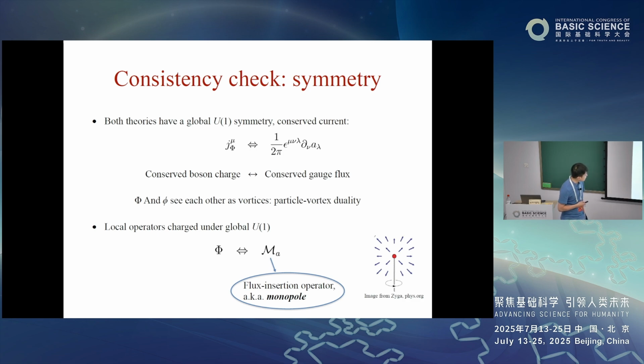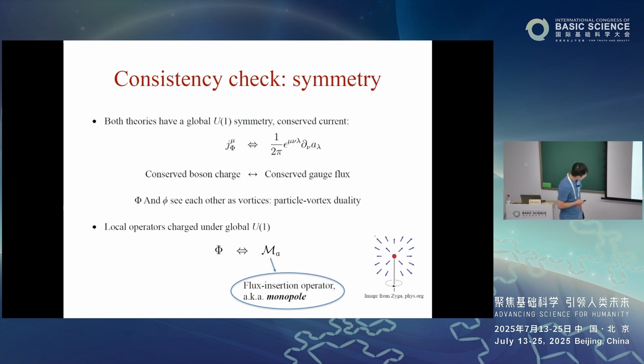What that means is conserved boson charge actually corresponds to conserved gauge flux. And that's the reason why this is called the boson-vortex duality, because it tells you that the original boson Φ and this Higgs scalar, this dual boson, actually see each other as 2π flux. So you should interpret this Higgs scalar φ as the vortex of the original boson, capital Φ.